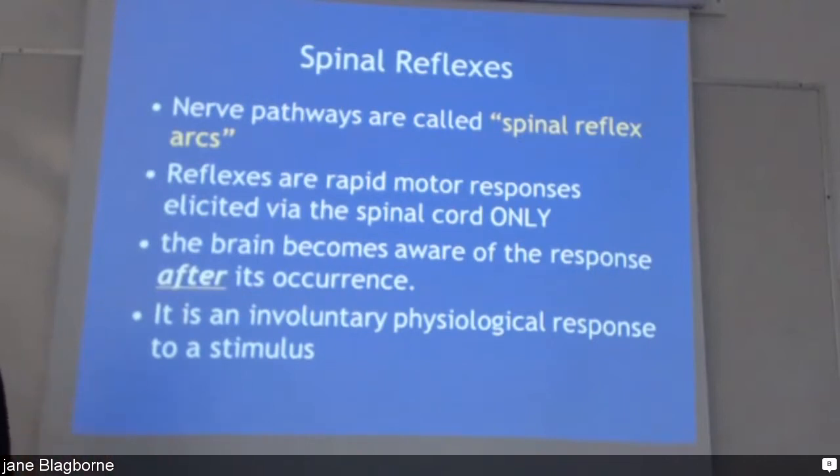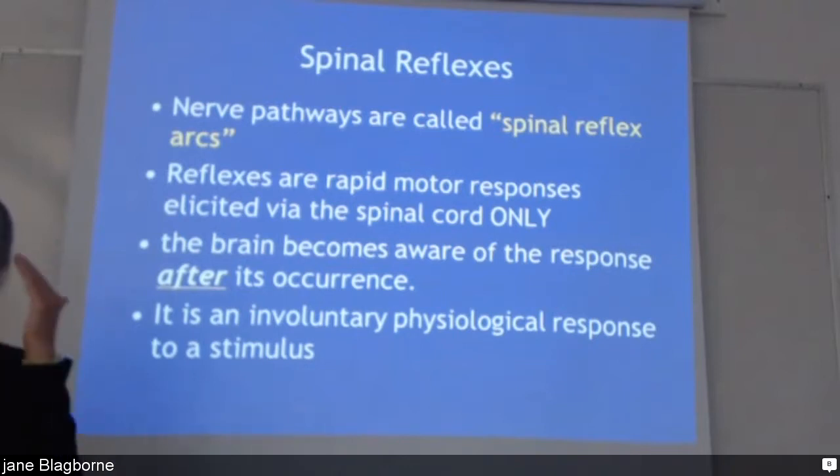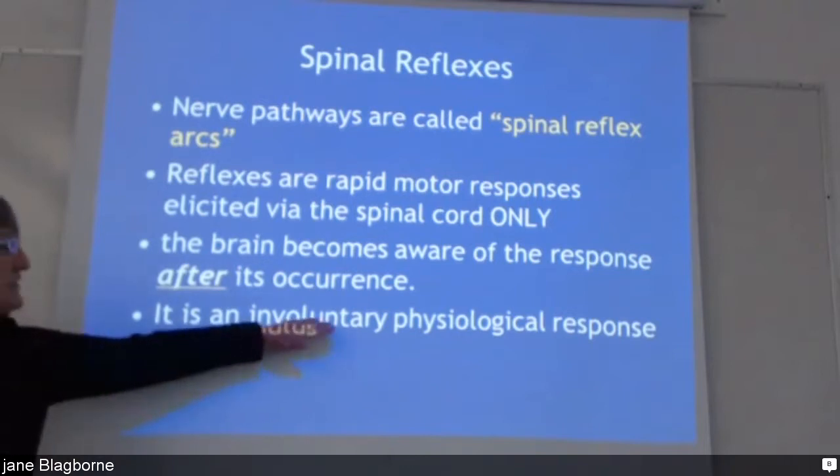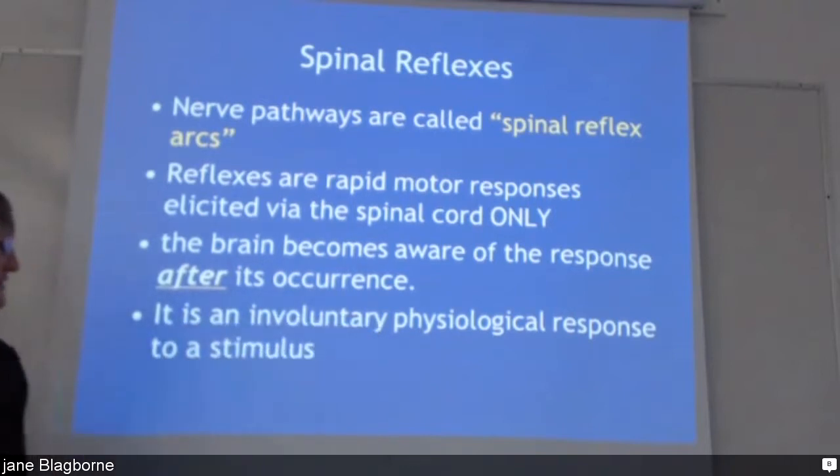It's just a reflex to hitting it, so it's not the same as automatic. That's a good question, because you would think, oh, it's an automatic reflex, but it's not. It's an involuntary physiological response to a stimulus. That's what I was looking for: involuntary.